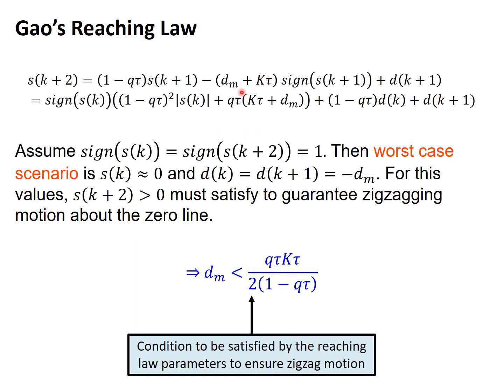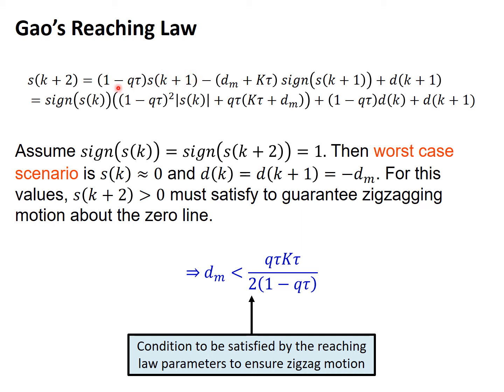So you see, sk plus 2 is calculated from the same reaching law. So for the reaching law, instead of k plus 1, we have changed k to k plus 1. So sk plus 2 has become 1 minus q tau sk plus 1 minus dm plus k tau sine of sk plus 1 plus dk plus 1. Now sk plus 1 also is from the reaching law. We know what is sk plus 1.